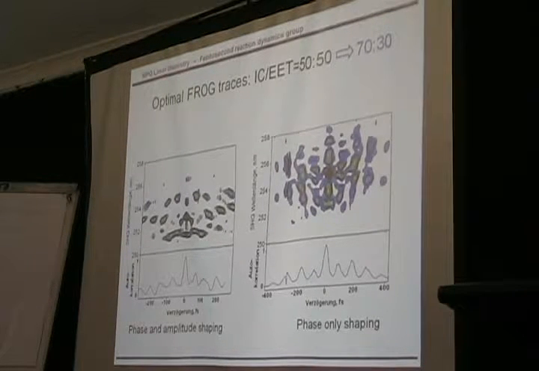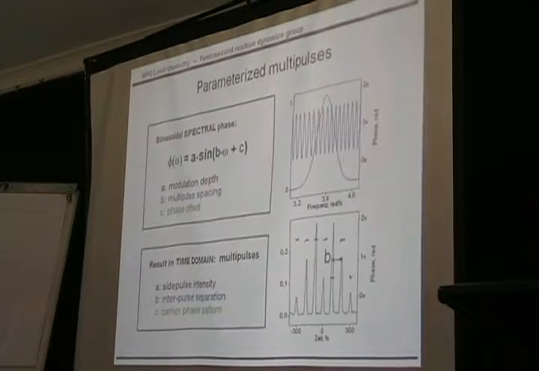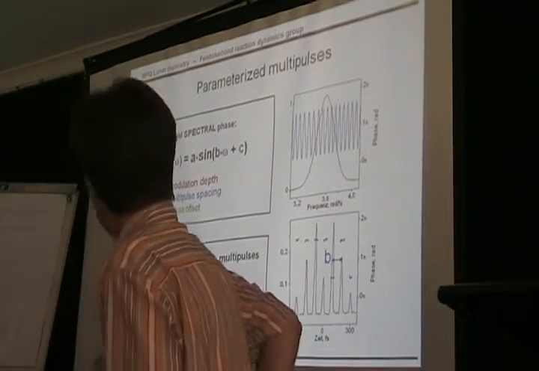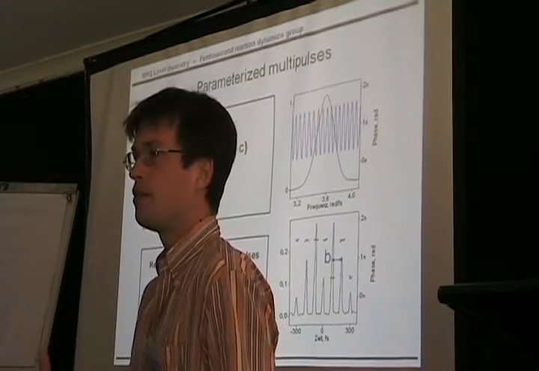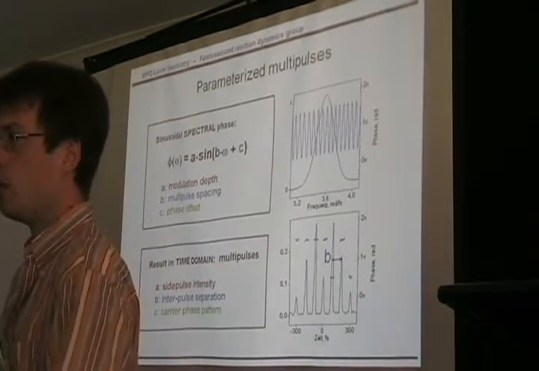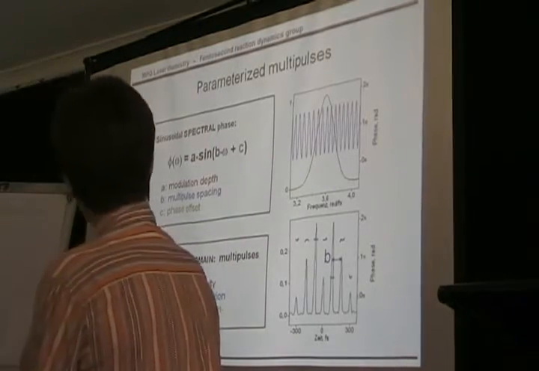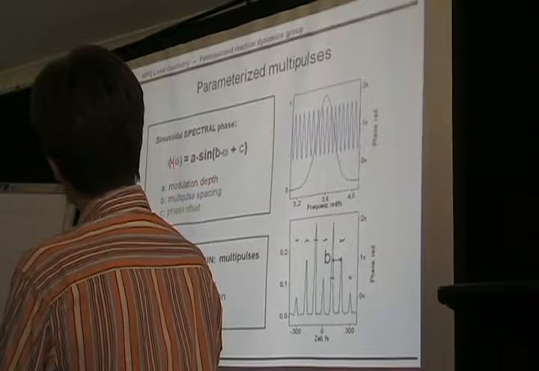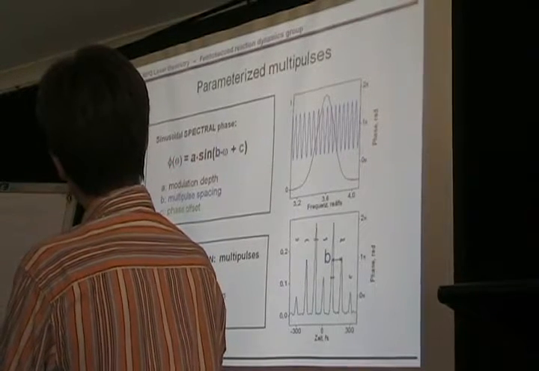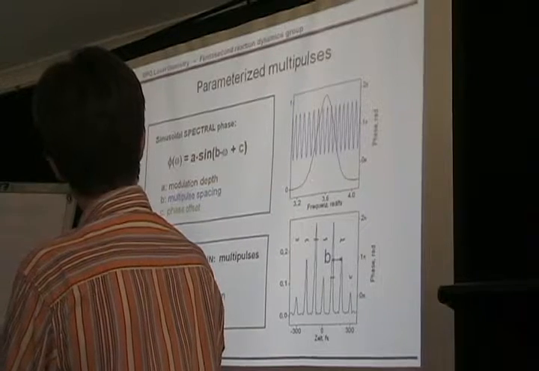So our idea was, let's simplify things. If really this multi-pulse pattern is the only thing that is essential, we should do a clean multi-pulse. And this is what you can do. This pulse shaping is done in Fourier space, so it is done in the wavelength space. If you apply a spectral phase to a femtosecond pulse, so phi of omega, that is a sine function, looks like this.